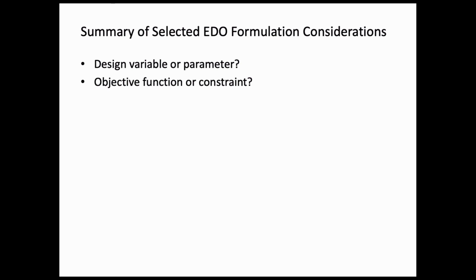There are a lot of different performance metrics we might be interested in, and sometimes it's a little uncertain whether it makes sense to specify a performance metric either as an objective function or a constraint.